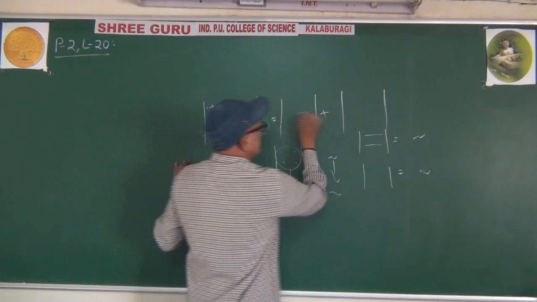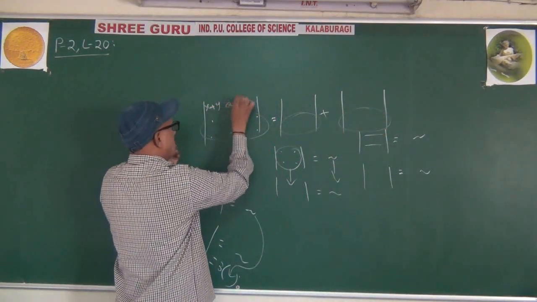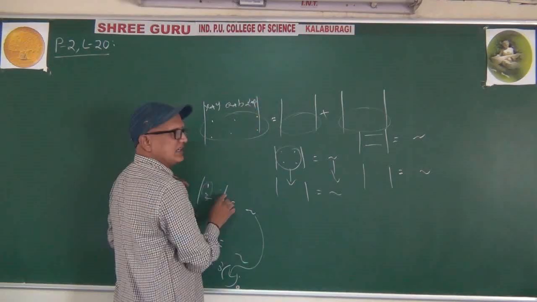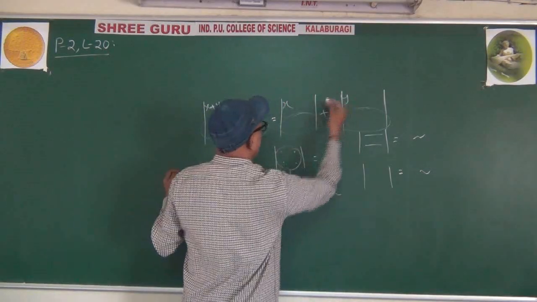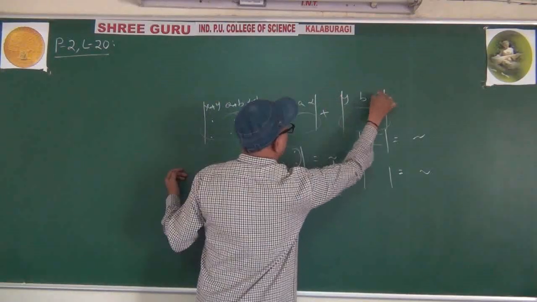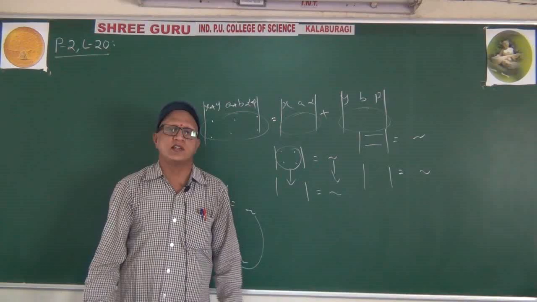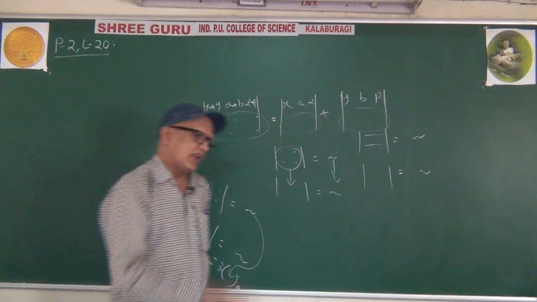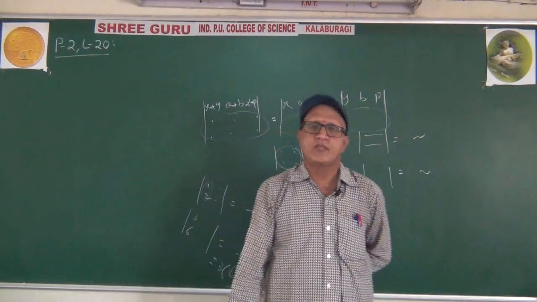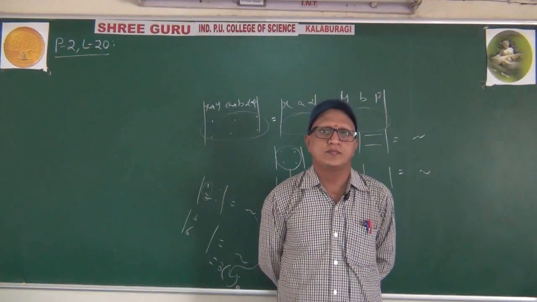For example, x plus y, a plus b, alpha plus beta can be split into two determinants, x, y, a, b, alpha, beta. Last property is like elementary operation. I already explained elementary operation, same like that.